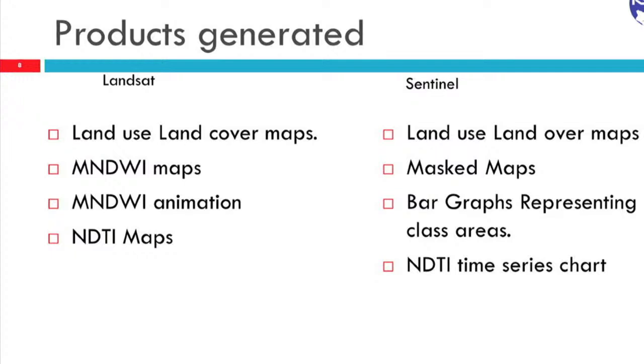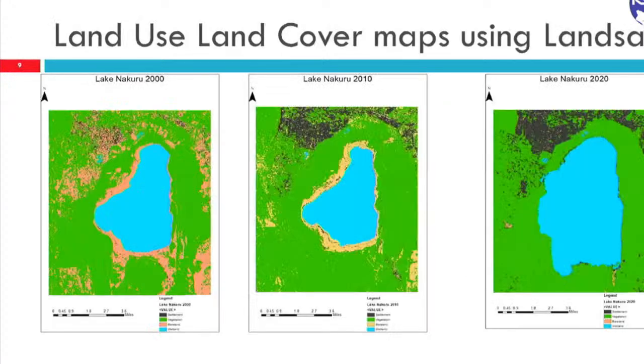Then on the Sentinel side, we still have the land-use land cover maps, and we can calculate the areas using the same platform. Then the time series chart shows how the quality of water has been over a certain period of time. So those are some of the land-use land cover maps that we had.